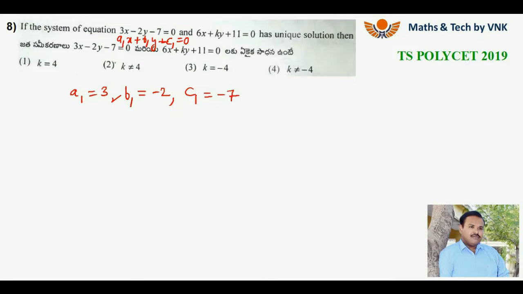Comparing the second equation with a2x plus b2y plus c2 is equal to 0, a2 value is equal to 6, b2 value is equal to k, and c2 value is equal to 11.